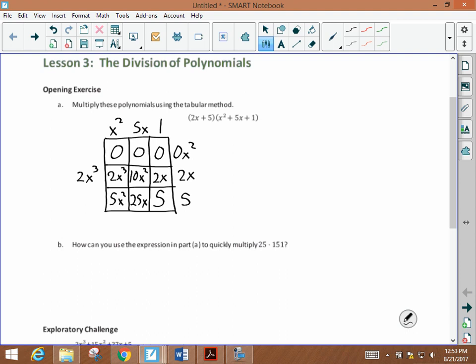Our next diagonal, 5x squared plus 10x squared plus 0 is going to be 15x squared. The next, 25x plus 2x is 27x, and that 5 has nothing to add. So this product is equal to 2x cubed plus 15x squared plus 27x plus 5.